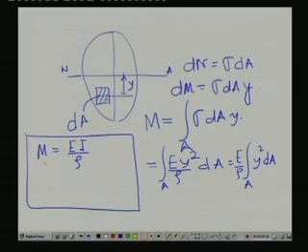So, if we find out E I by rho, then what are we getting? Earlier we found that sigma was nothing but E y by rho. So, sigma by y comes out to be E by rho.